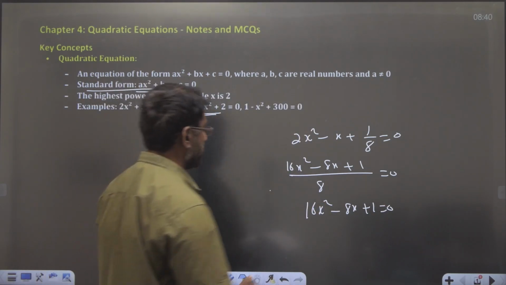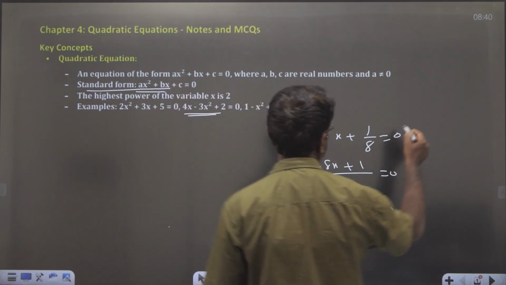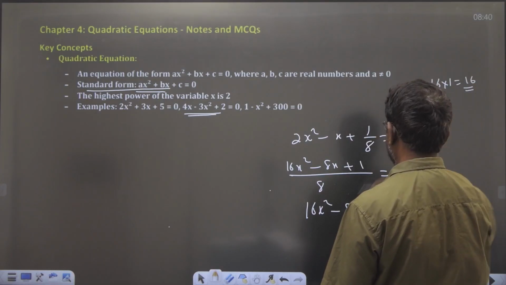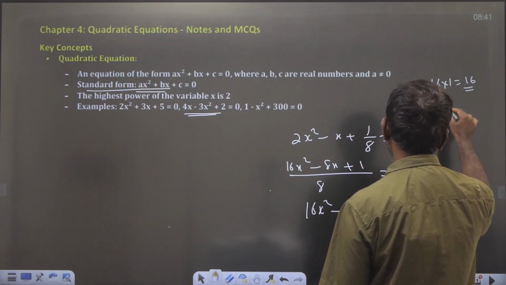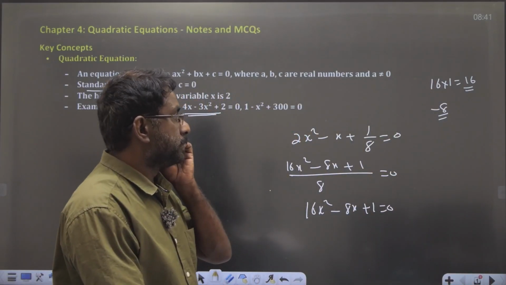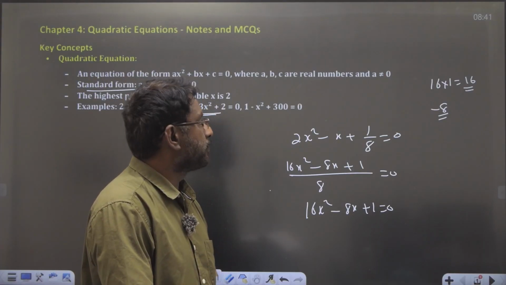So, assume two numbers whose product is 16 into 1, that is 16, and whose sum is minus 8.